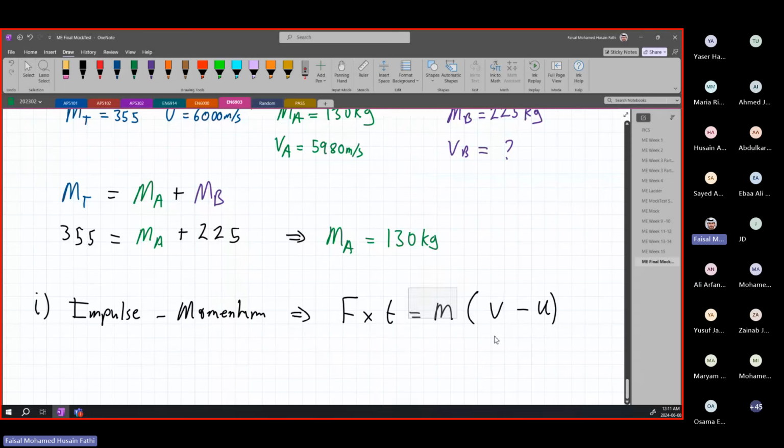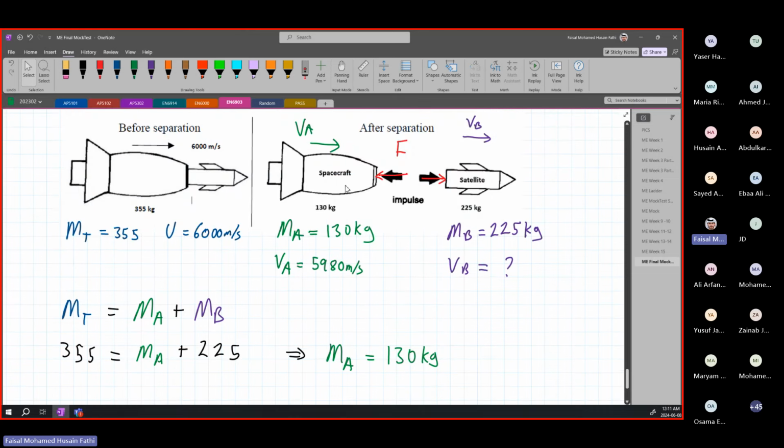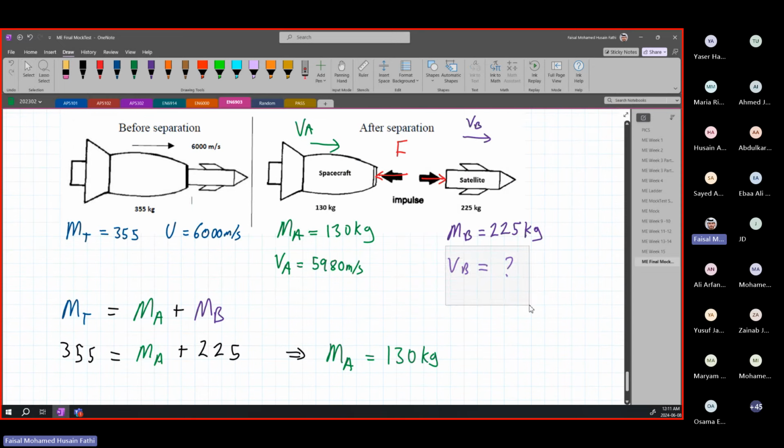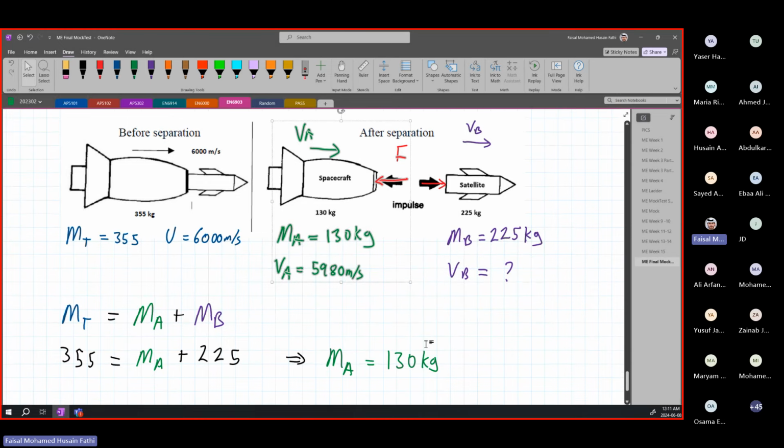Now, when we're talking about thrust, what m are we talking about? What v are we talking about? What u? Let's look at it this way. When we talk about thrust, we're talking about after the impulse has occurred. So we're not looking at the mass before, we are looking at the mass after. And we can find it by using either VB or VA. However, because we don't have VB and we have VA, we need to look at the spacecraft's data.